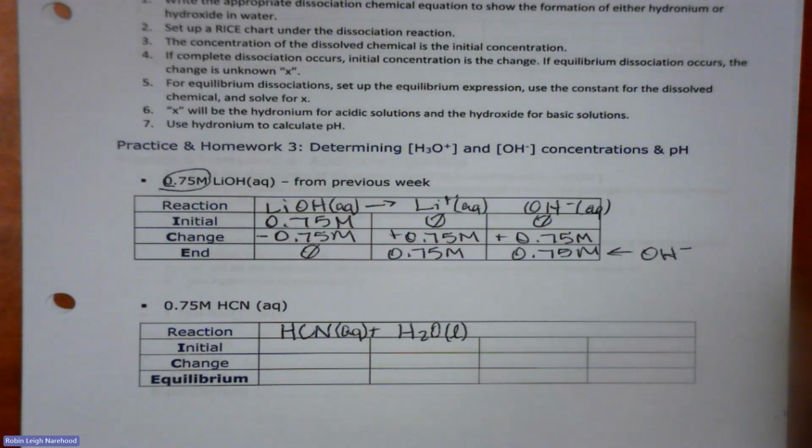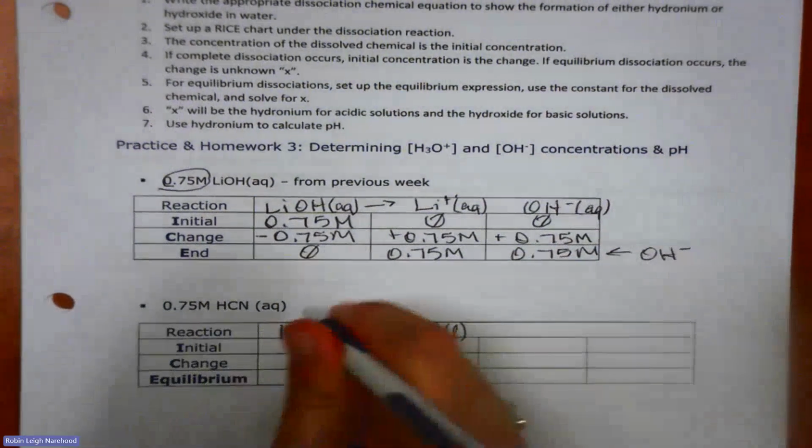The other thing is, if you look in appendix H, you will find HCN. If it's a molecule and it's not in the weak base chart, it's going to be the weak acid. HCN is called hydrocyanic acid, or hydrogen cyanide. So this is a weak acid.